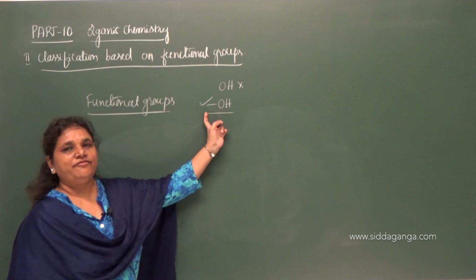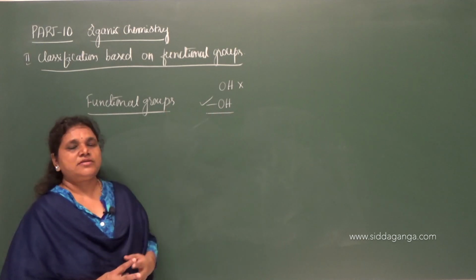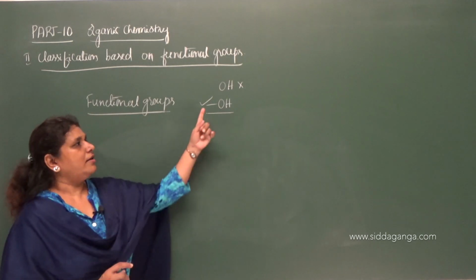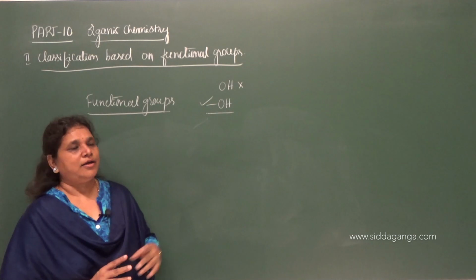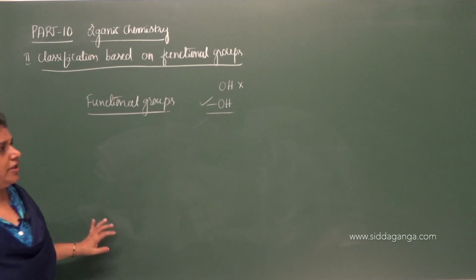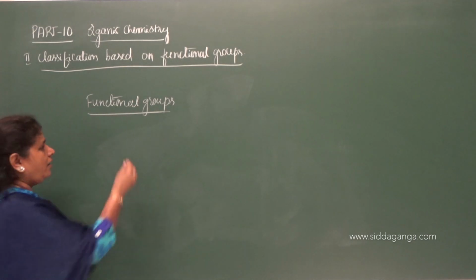By putting a hyphen before the atom or group of atoms, which indicates the functional group, and the hyphen indicates what? The vacant bond of the atom which is next to the hyphen. Okay. Now, there are two types of functional groups.